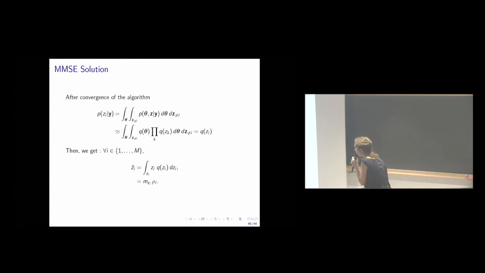Okay, so after convergence of the algorithm, the contribution of the sources will be the product of the expectation of the Gaussian and the Bernoulli parameter here. Okay, so this is 0, maybe, or equal to the expectation of the Gaussian.